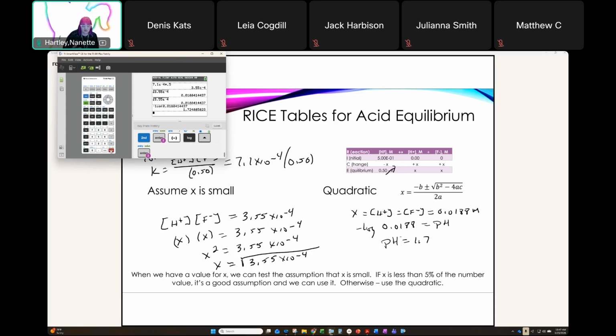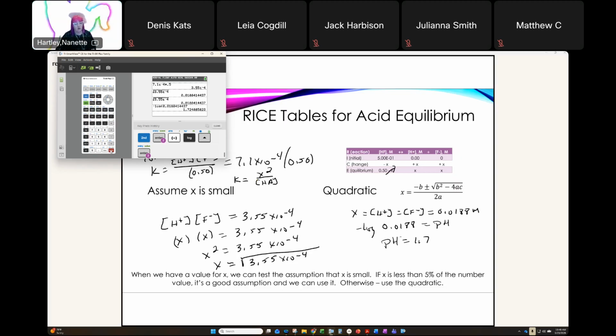So this is a fairly typical thing for us to look at: based on this initial concentration, what is the concentration of the acid going to be at equilibrium? That's a fairly common thing for us to solve for. One of the things that I hope you noted is that when we set this K up, it's equal to X squared over the initial concentration of the acid.